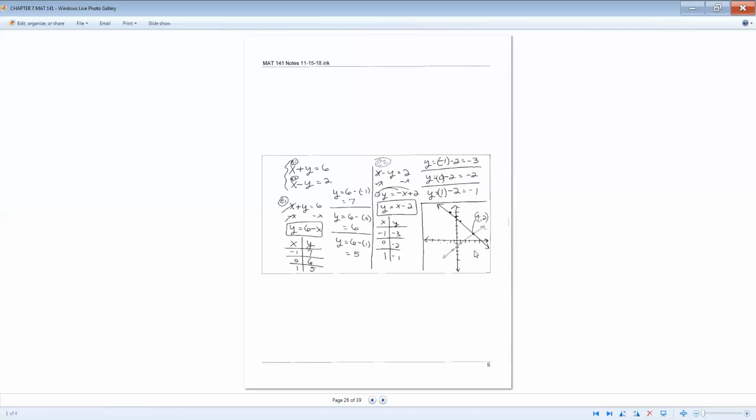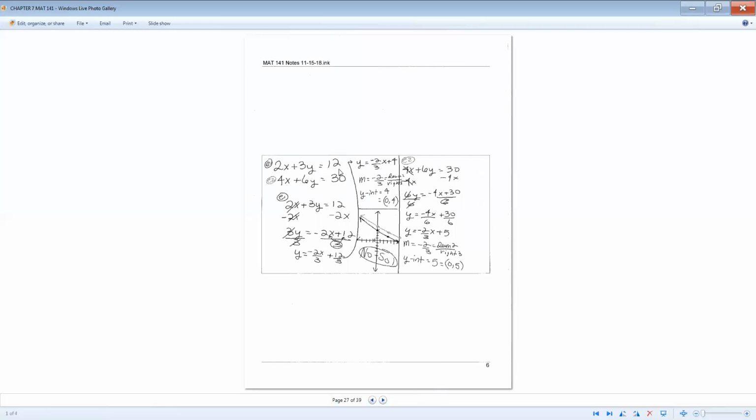Now when I graph both lines independently, -1, 7, 0, 6, 1, 5 is the top line. Then -1, -3, 0, -2, and 1, -1 is this bottom line. They intersect at 4, 2. So remember, whenever you solve by graphing, where they intersect will be your solution.